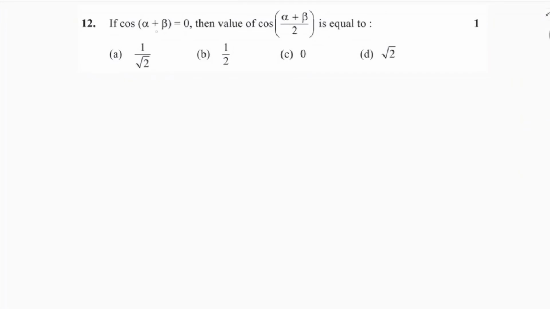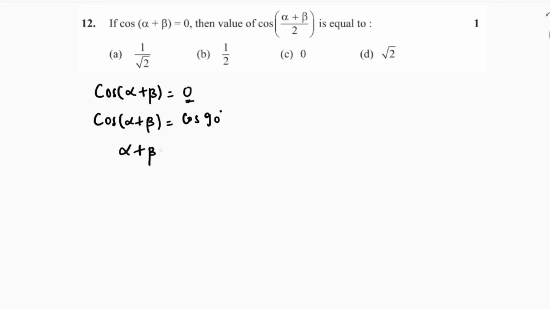If cos (alpha plus beta) is 0, then find the value of cos (alpha plus beta) by 2. So here, see, cos (alpha plus beta) is 0. Cos 0 we get for cos 90 degrees.